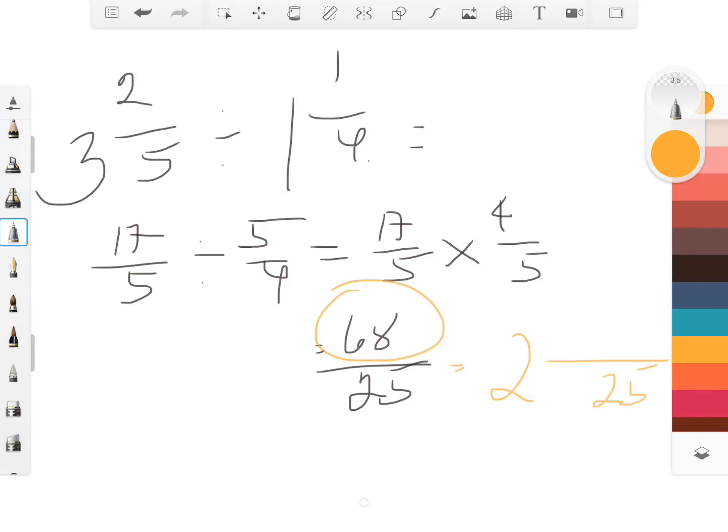So 2 times 25 is 50, and now we need 18 more to make it 68. So this will be 18. Now let's double check: 25 times 2 plus 18 is 68. Therefore, this is our final answer.